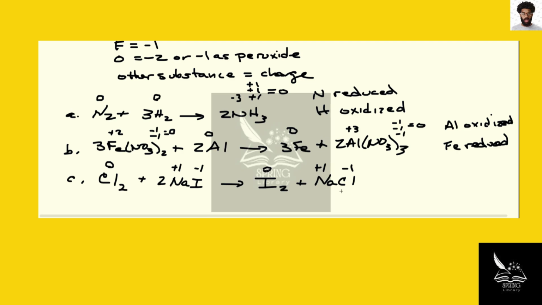We look at their charge. So the sodium stayed the same. The iodine went from -1 to 0, went up. So iodine is oxidized. And the chlorine went from 0 to -1. Its number went down. So the chlorine is reduced.